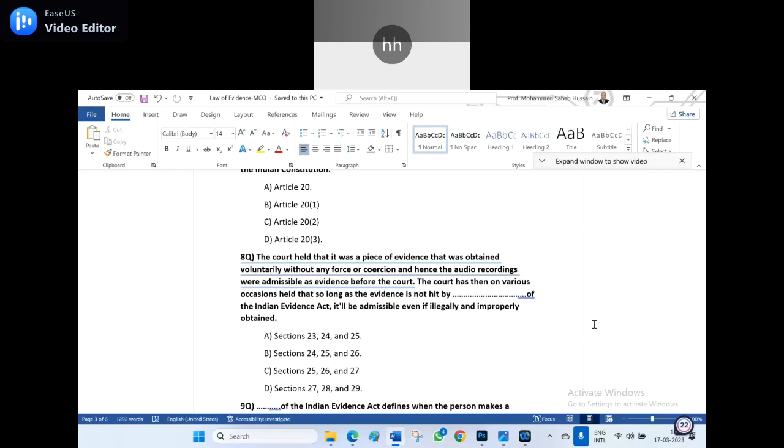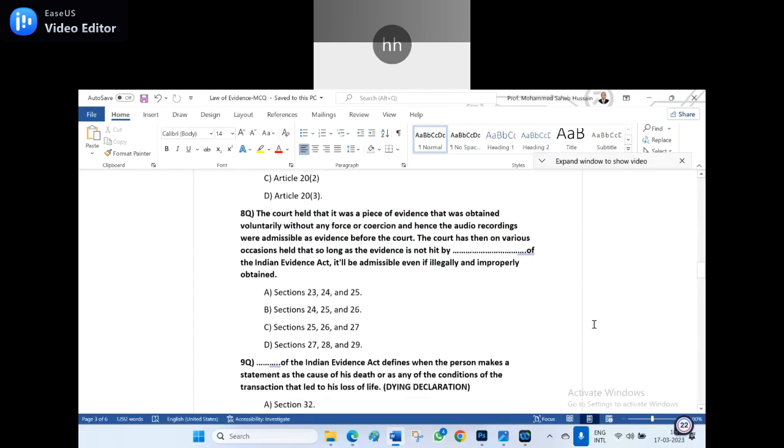Option B, sir. 24, 25, 26. Option B is the right answer. If any evidence is not hit by sections 24, 25, 26 of the Indian Evidence Act, then it will be admissible even if illegally and improperly obtained.